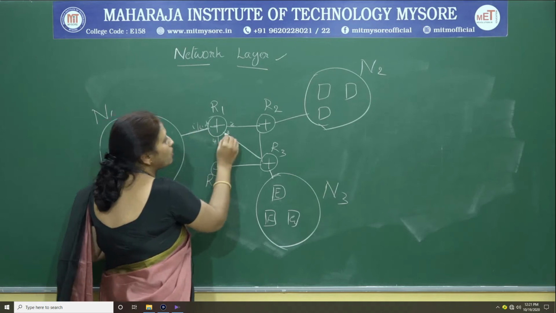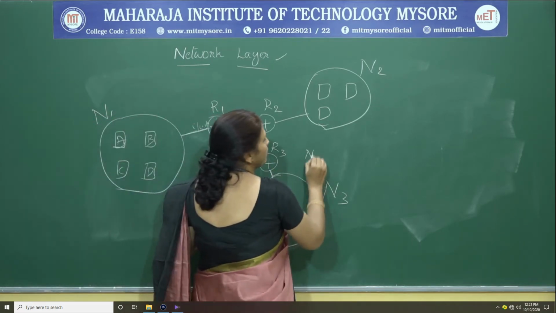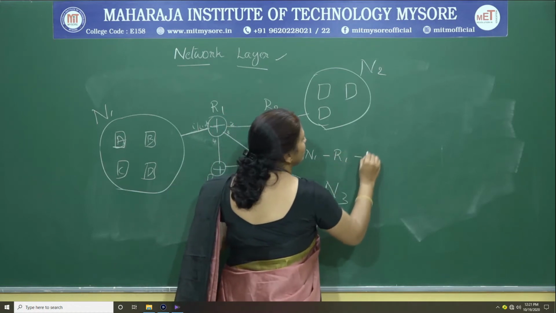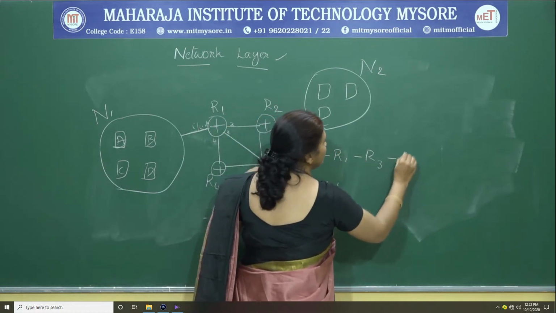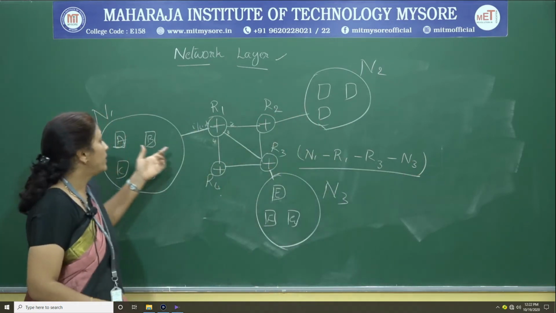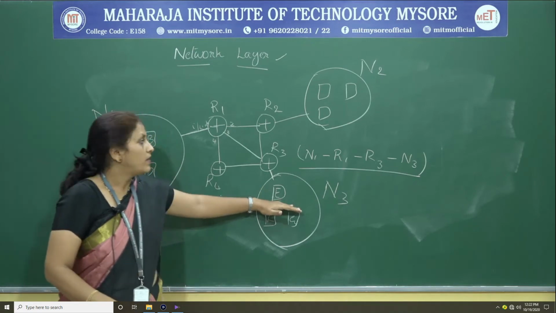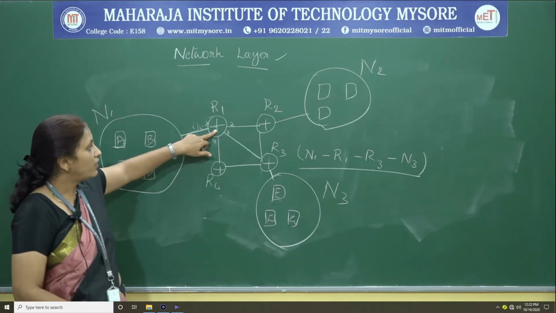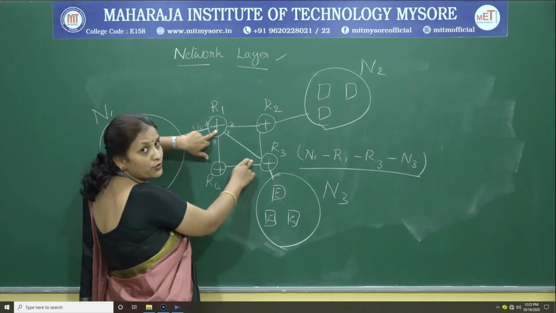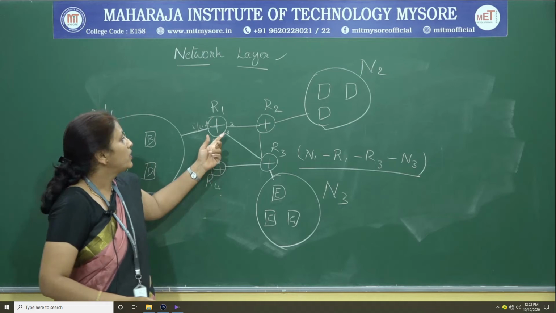For example, if N1 to R1 to R3 to N3 is the optimum route through which the packet can be transferred from host A to host E, then R1 will look into the proper output link. So 3 becomes the proper output link in this case.